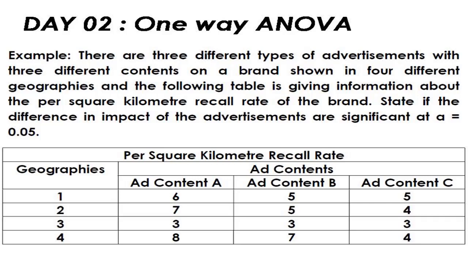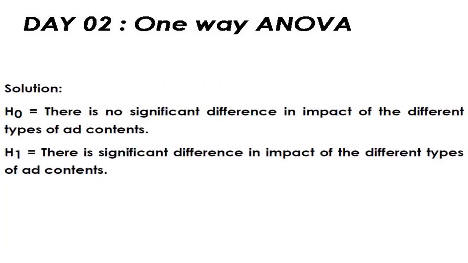For this, first of all, we have to formulate the null hypothesis, and the null hypothesis is a statement which has got the highest chance of getting rejected. Since there are three different contents shown in three different advertisements, obviously the sample data itself reveals that the impact is different in each of the cases.